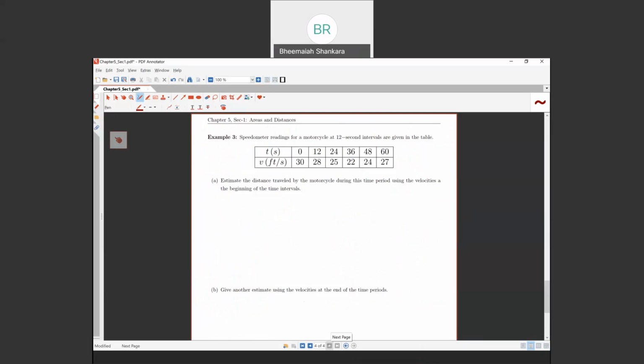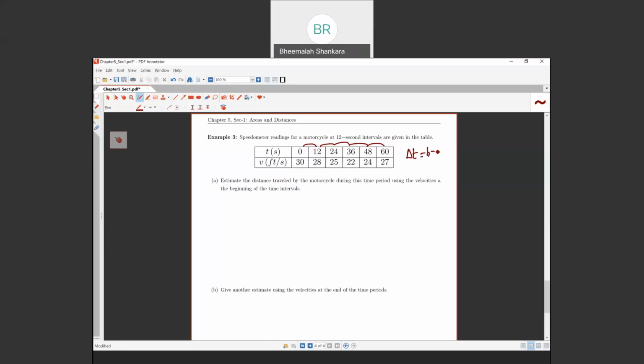If you carefully observe the t values, you have an increment of 6, 12, and again it's 12, and uniformly it's 12. So we have a nice increment of 12. So you can write delta t, it's no more delta x, but write delta t.